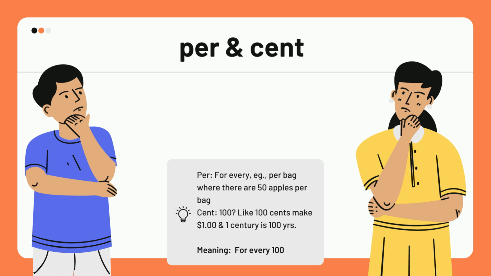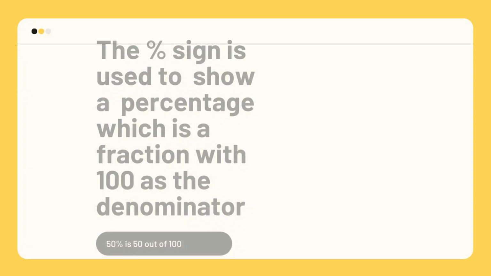So if per is for every and cent is 100, could it possibly mean that percent means for every 100? That looks possible, doesn't it? Okay, so let's hold on to this now. It means for every 100.